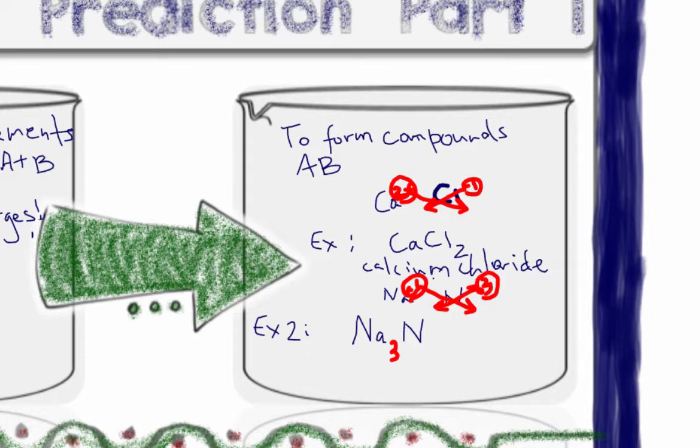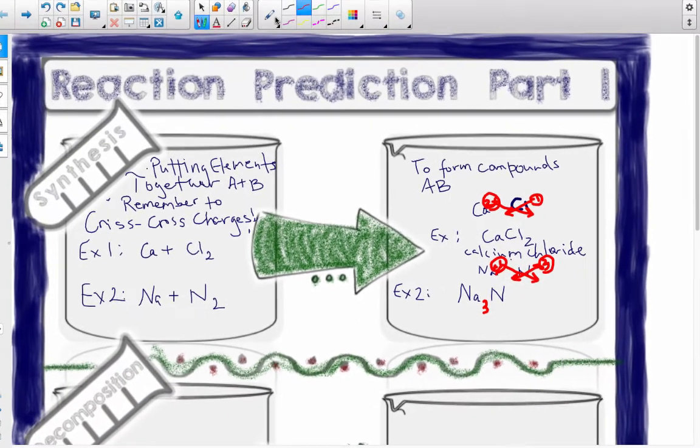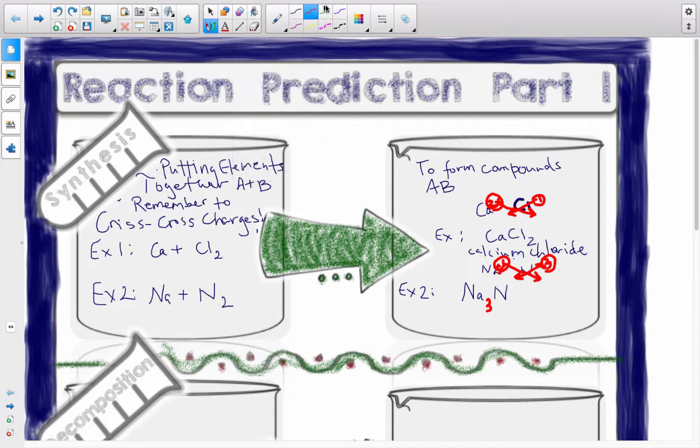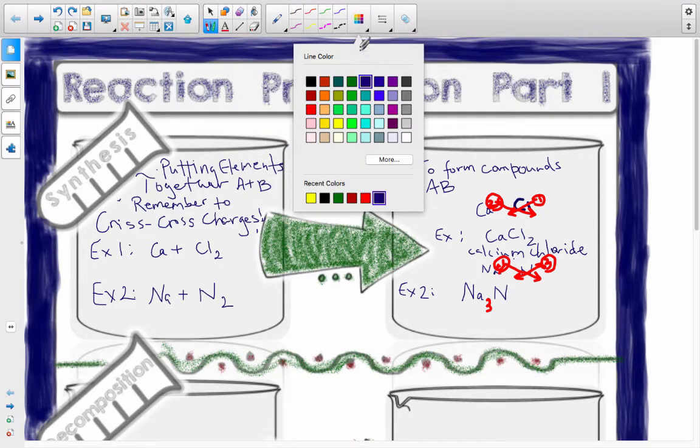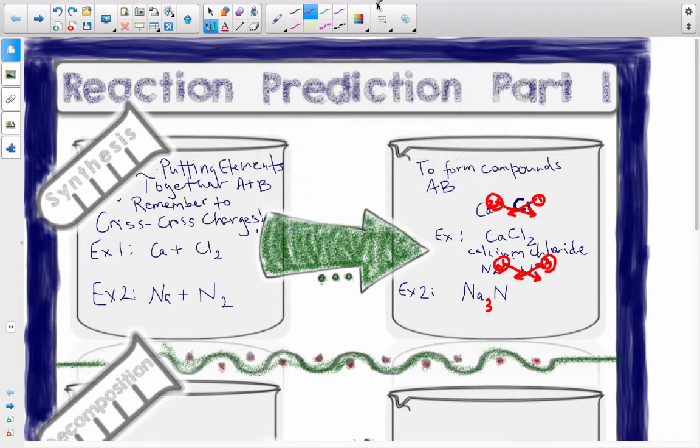So now I have to balance my equation because obviously my sodiums are not balanced, and neither are the nitrogens. So let's start by fixing nitrogen. I need 2 nitrogens on the right side, so we'll write a 2 out front. And that makes now 2 groups of 3 sodiums.